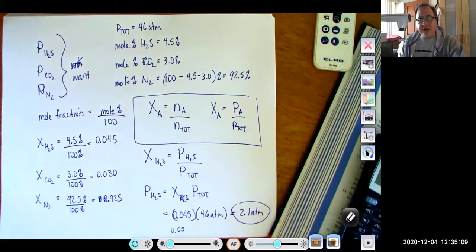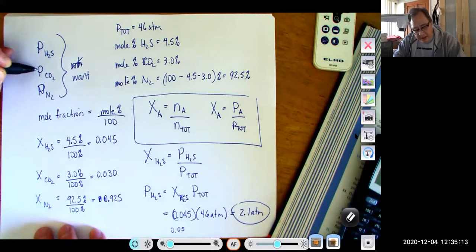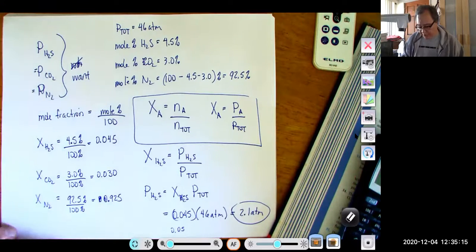So what I'd like you to do now is calculate the partial pressure of CO2 and calculate the partial pressure of N2, just like I've done here. And when you get those answers, give me a thumbs up.